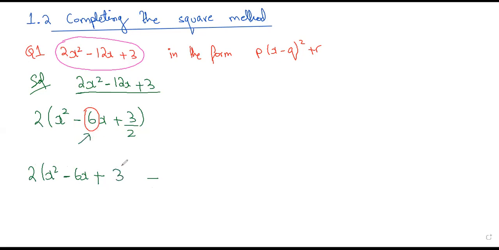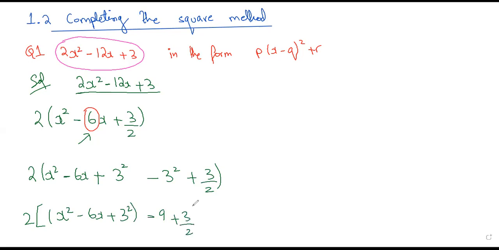So it would be plus 3 squared and then minus 3 squared, and plus 3 by 2 would come as it is. And then it would become 2 times x squared minus 6x plus 3 squared over here, and then I am left with minus 9 plus 3 by 2.